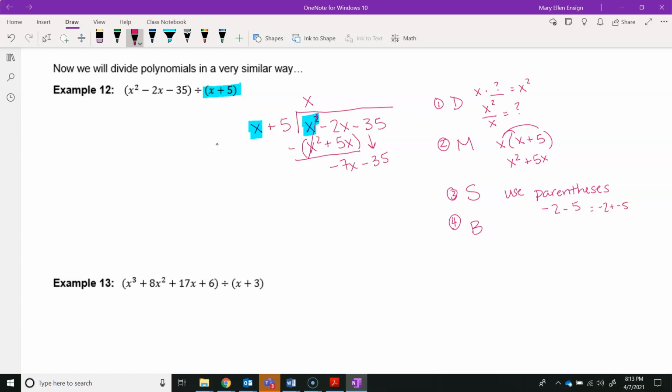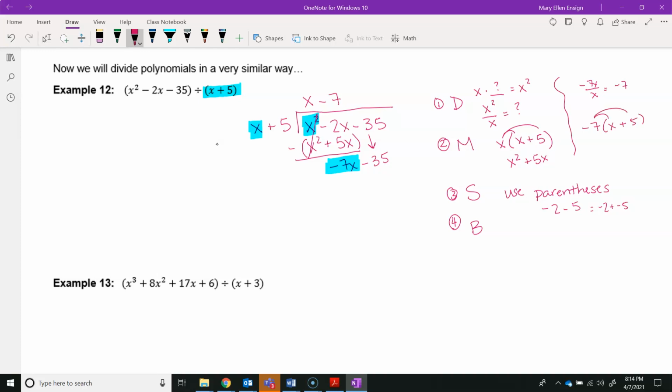Okay, I've done all of those steps. This is where I go back and repeat those steps with the next section. So my next section here is -7x. So I want to know, okay, either x times what equals -7x, or I could write it as -7x over x. Either way, I'm going to get -7. So -7 goes here. I multiply. In this case, I'm multiplying -7 times x plus 5.